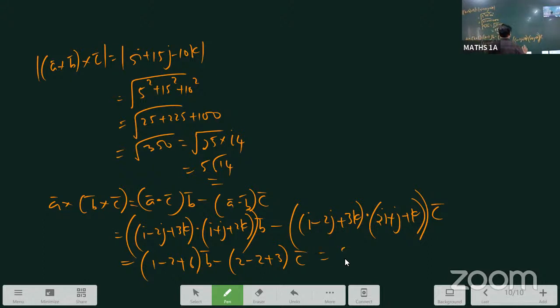What am I going to get? 5b bar, minus 2 gets cancelled, and what I'm going to get is 3c bar. What is 5b bar then? That is 5 into b bar. What was b bar?